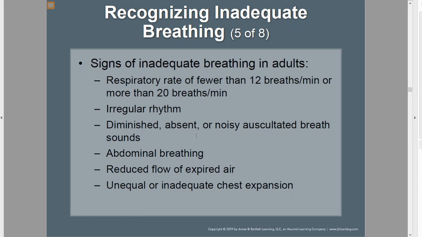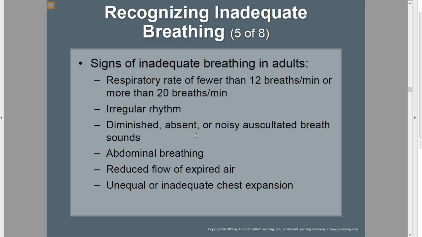Signs of inadequate breathing: a respiratory rate of fewer than 12 breaths per minute or more than 20 breaths per minute. So I would say less than 12, right? But if I tell you they're breathing 12 times per minute and they have adequate chest rise and fall, then that's a normal person.